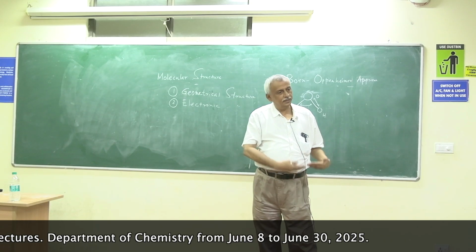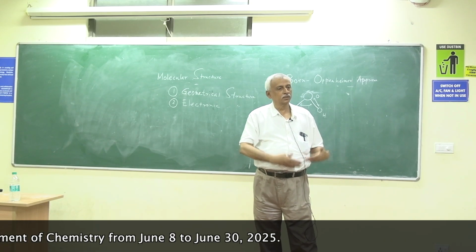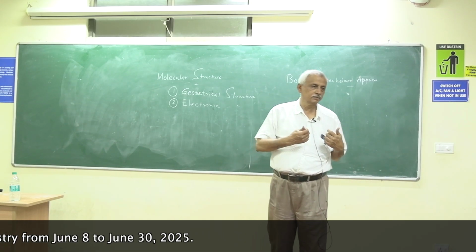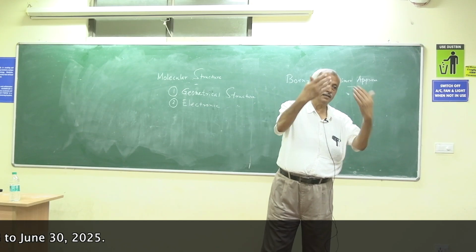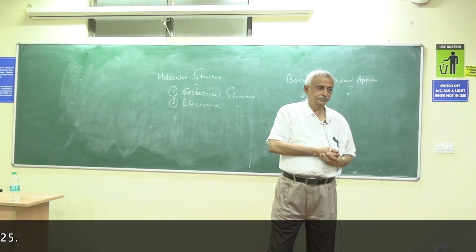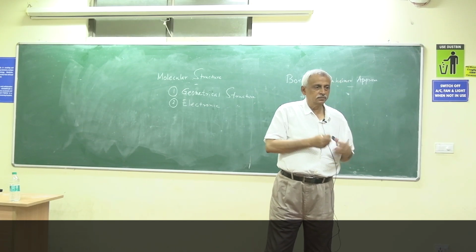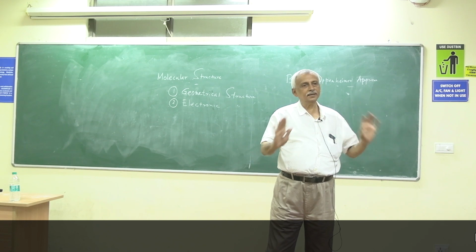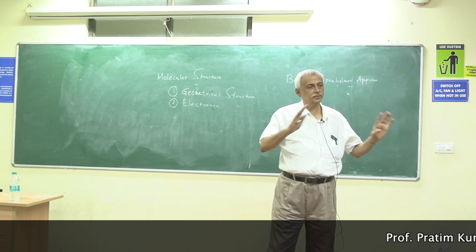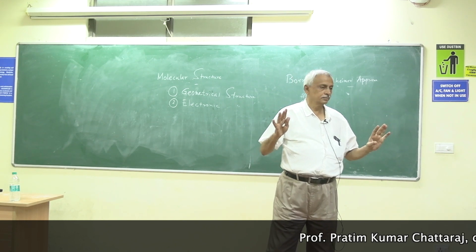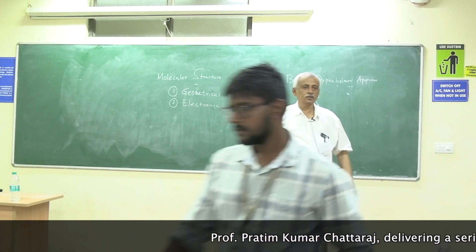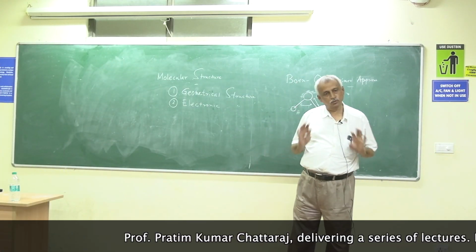So we can calculate the movement of the nuclei when they are interacting with that charge distribution. So we have separated out electronic motion from the nuclear motion. Now we will see mathematically how you do it.